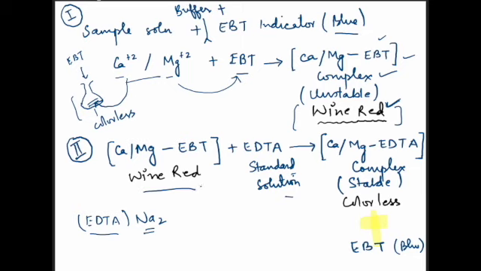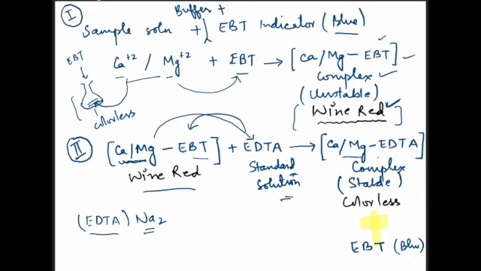Now to this wine red solution, which is due to metal EBT complex, I start adding dropwise the standard solution from the burette. Now the moment EDTA molecule comes into contact with these molecules, the metal ions ditch the EBT and they go and join to the EDTA. So now what do I get?